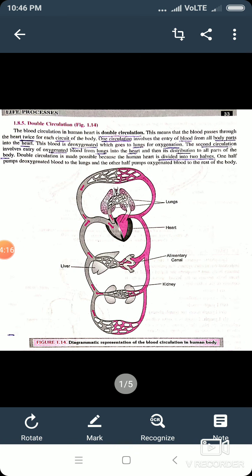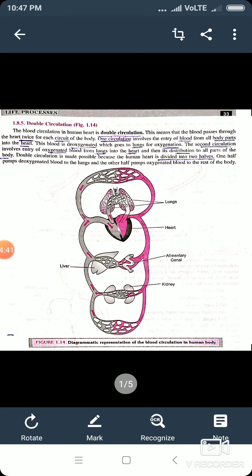This means that the blood passes through the heart twice for each circuit of the body. One circulation involves the entry of blood from all body parts into the heart. This blood is deoxygenated, which goes to the lungs for oxygenation.